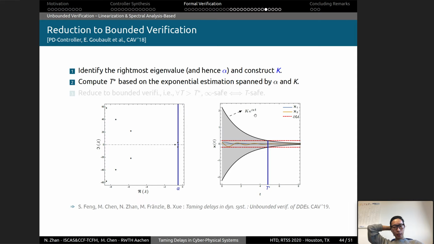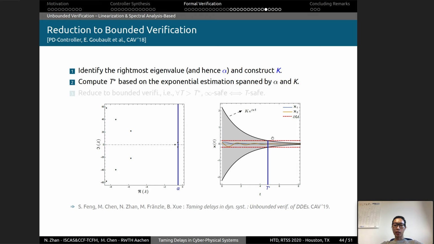A nice thing here is that this gives us the possibility to compute the intersection of this over approximation with the boundary of the unsafe set. Let's say all the states beyond these two red lines are unsafe. Then if we can calculate T star here, then every solution after T star is no more of interest, because it already falls within the safe area, right?